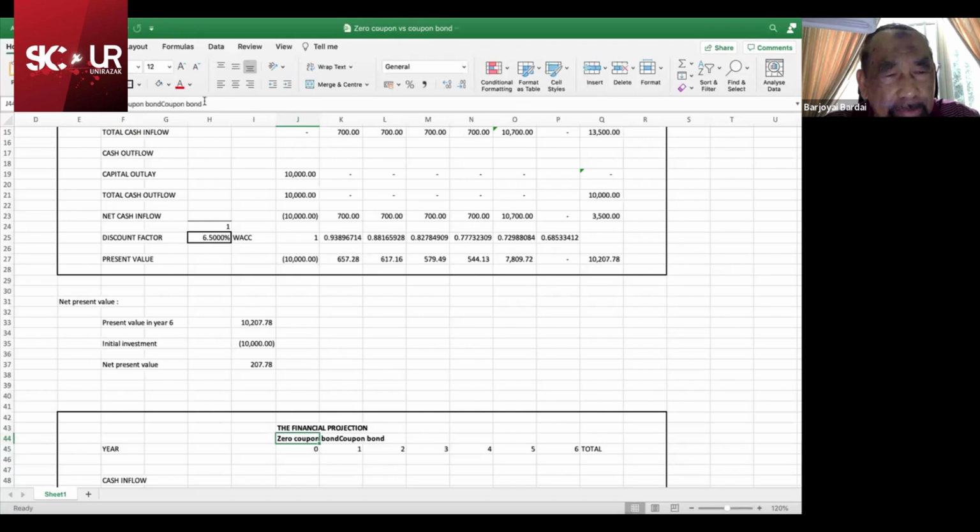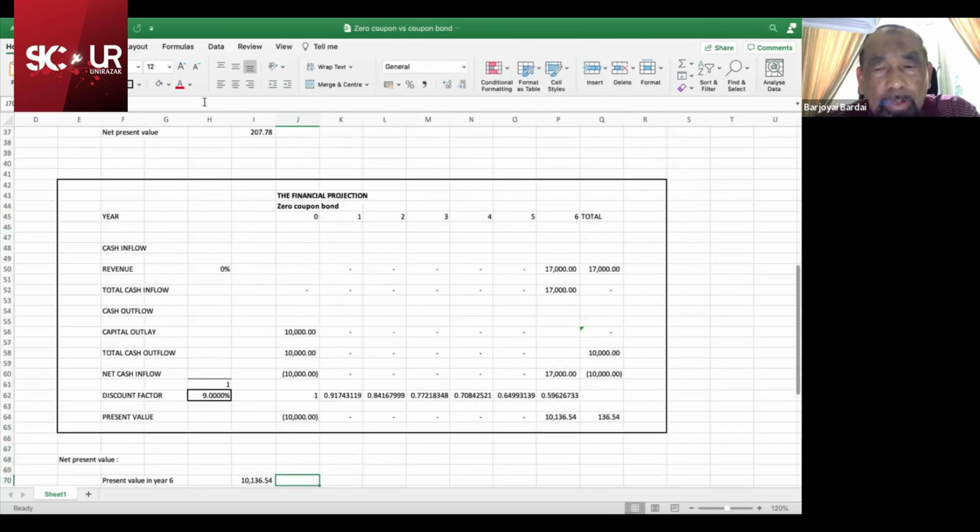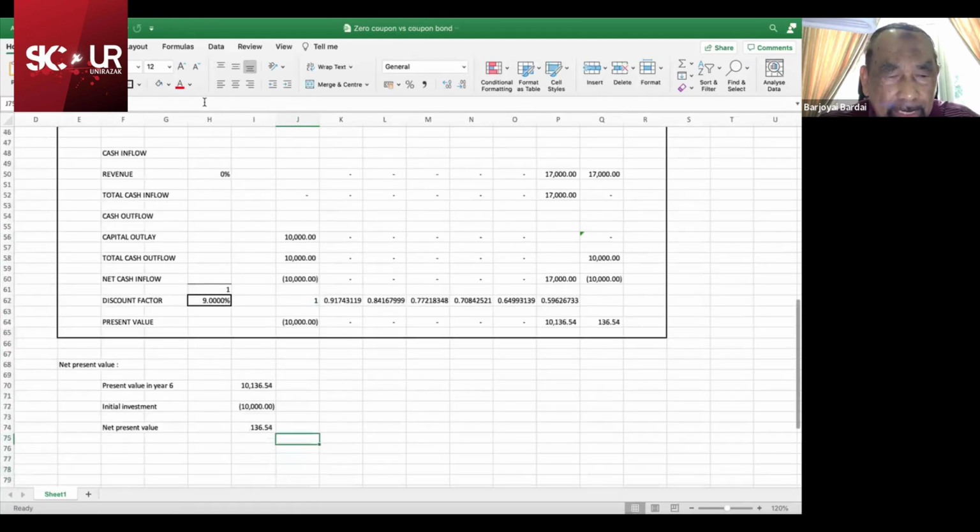So in the case of a zero coupon bond, we need to determine our cost of capital. Let's say our cost of capital is 10%.